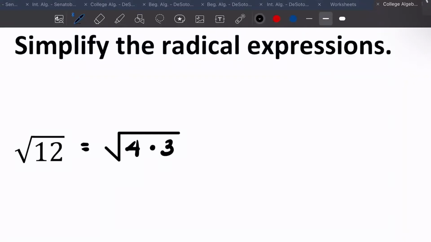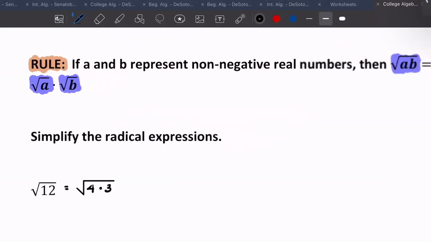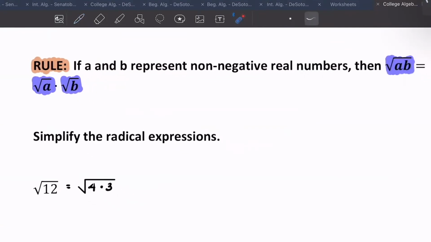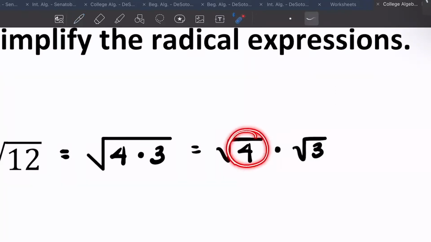But we can take the square root of 4 and get a whole number. So because of our rule up here, we have two things multiplied together under our radical, which means that we can split it up. And we can say that we have the square root of 4 times the square root of 3. What is the square root of 4? Go back and look at your list of squares.